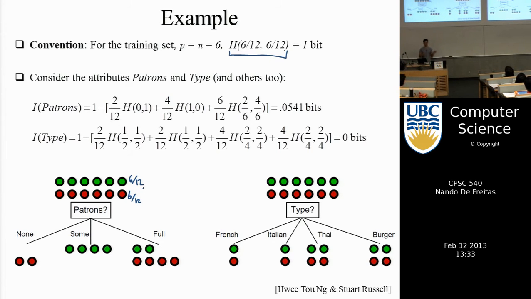So we're looking at the entropy of a binary variable that has probability a half. And the entropy for a binary variable looks like this, where P is the probability of green. That entropy is higher at a half.